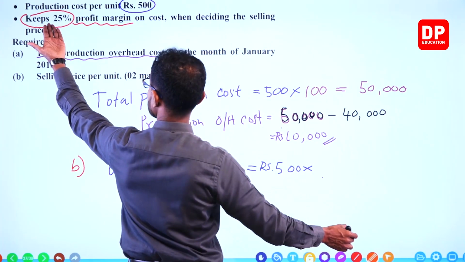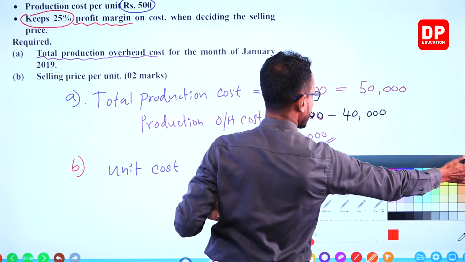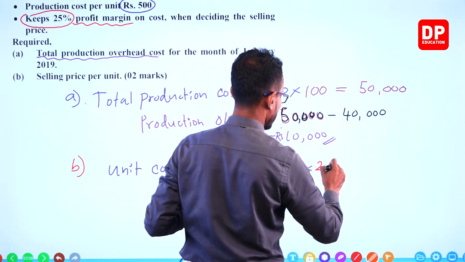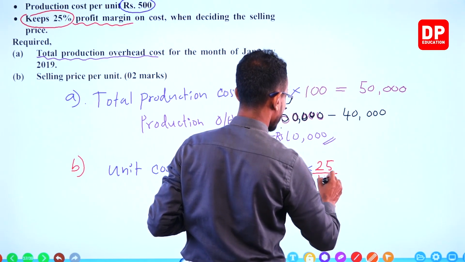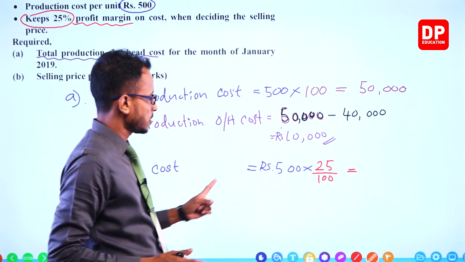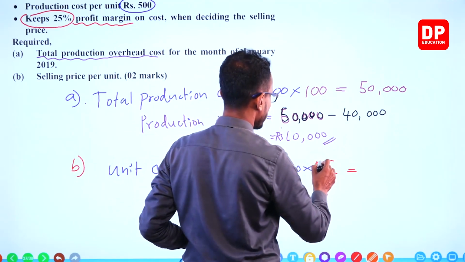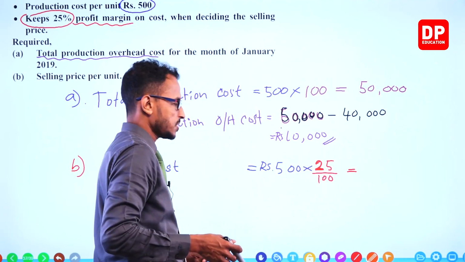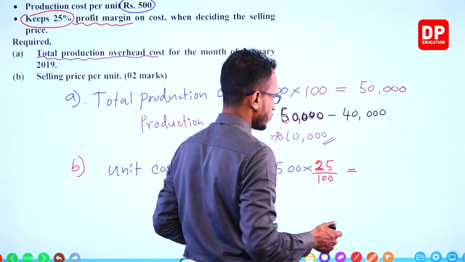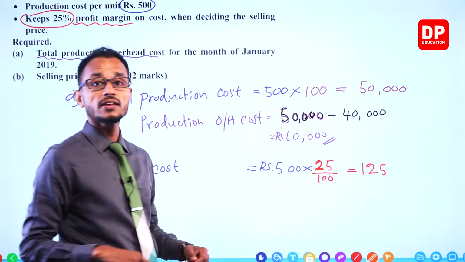That is this 25 profit margin. 25 over 100. And the answer is, from 500, 25% means 1/4, no? It's 125, 1/4.